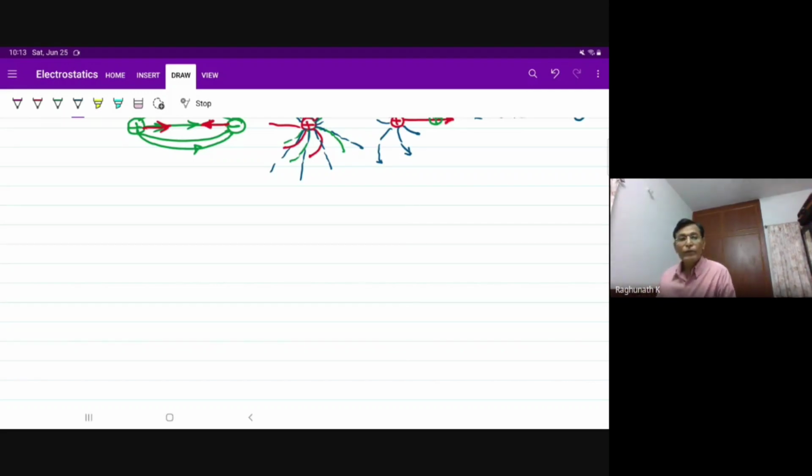Now, if the surface is an infinite plane, if it is positively charged, at any point, half of the charge will be on one surface, the remaining half on the other surface, if it is a plane.